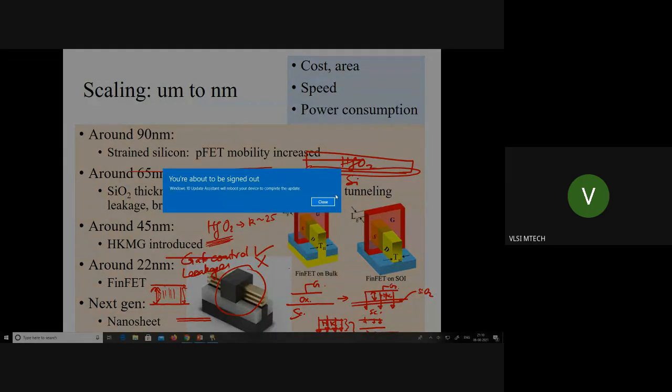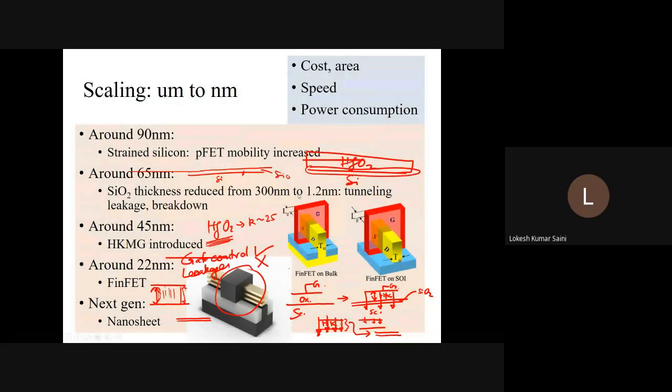Is it restarting? Yes, I think in 10 minutes. Oops. Don't worry, I'll join from my other laptop. It will take time in case it stops. Okay, I'll just continue with this for the time being.